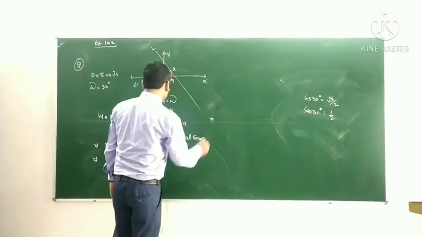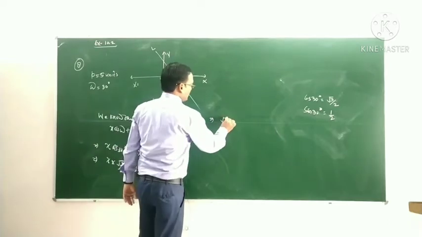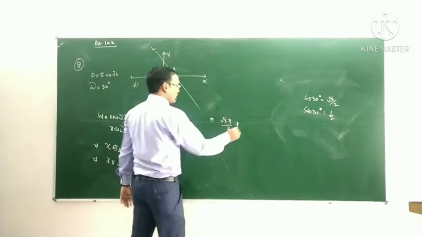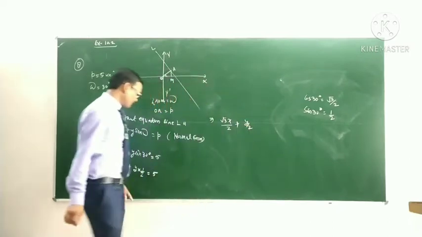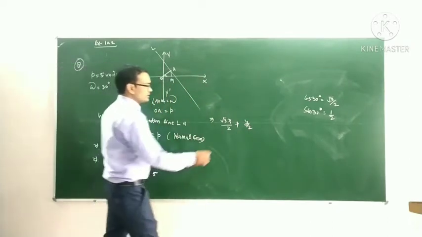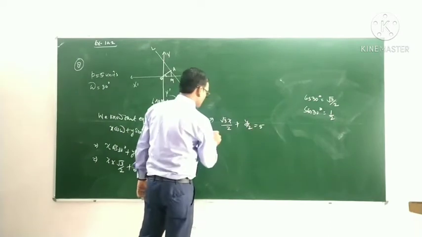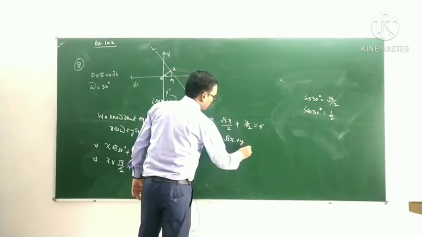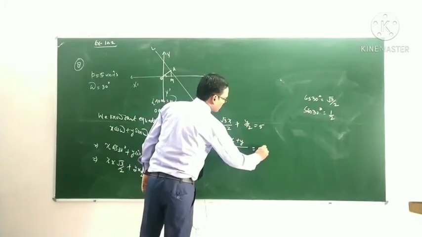This implies that square root 3 x by 2 plus y by 2 is equal to 5.